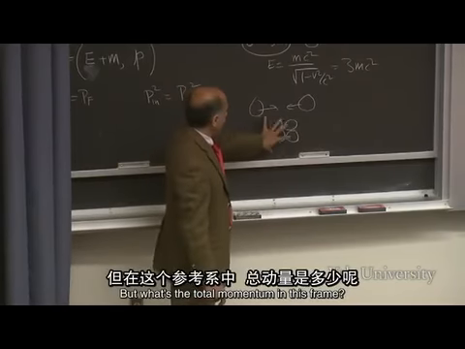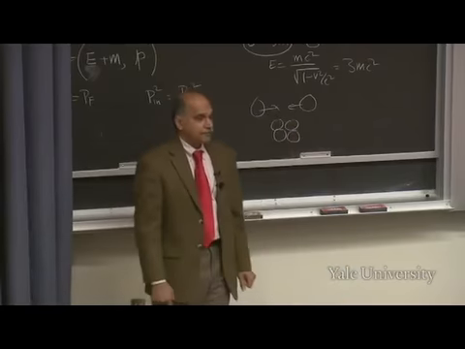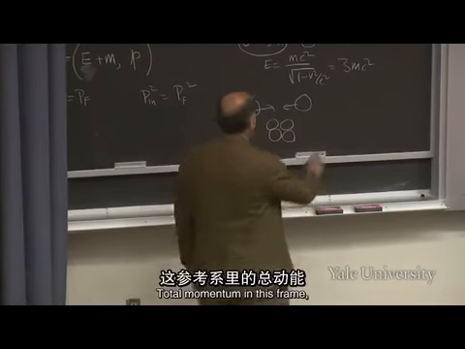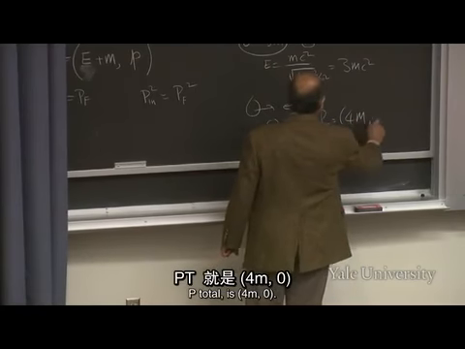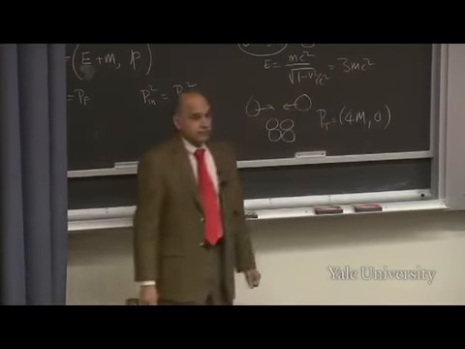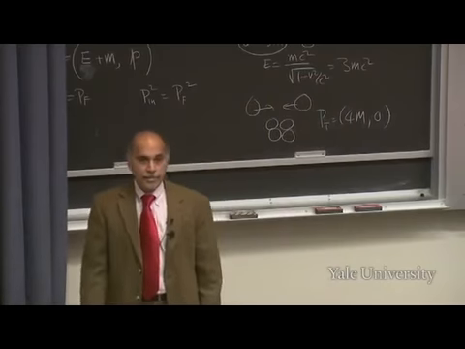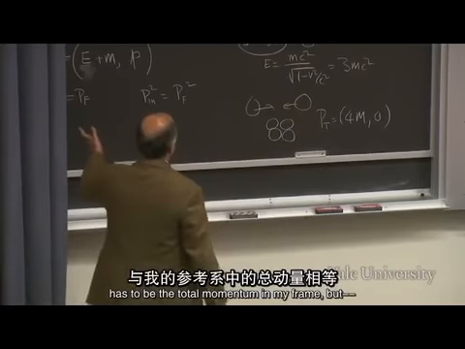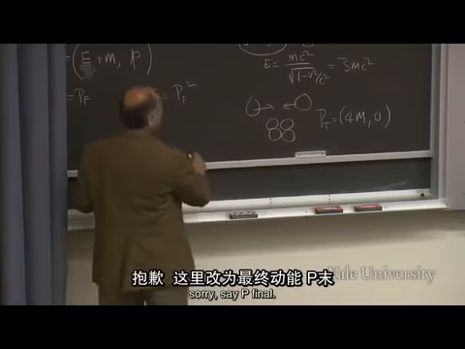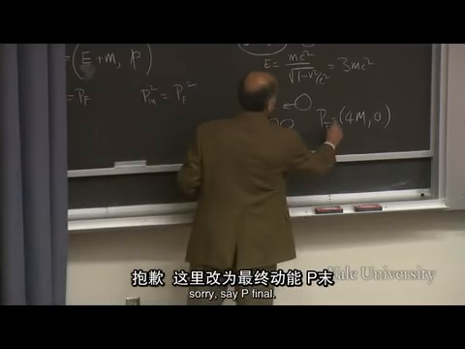But what's the total momentum in this frame? Total momentum in this frame, P total, is 4m, 0. Now, no one says the total momentum in that frame has to be the total momentum in my frame, but say P final.